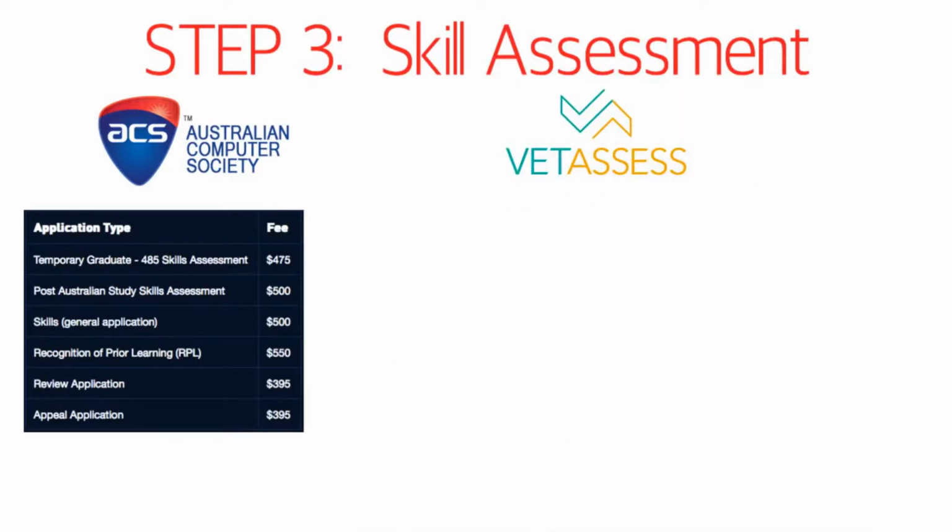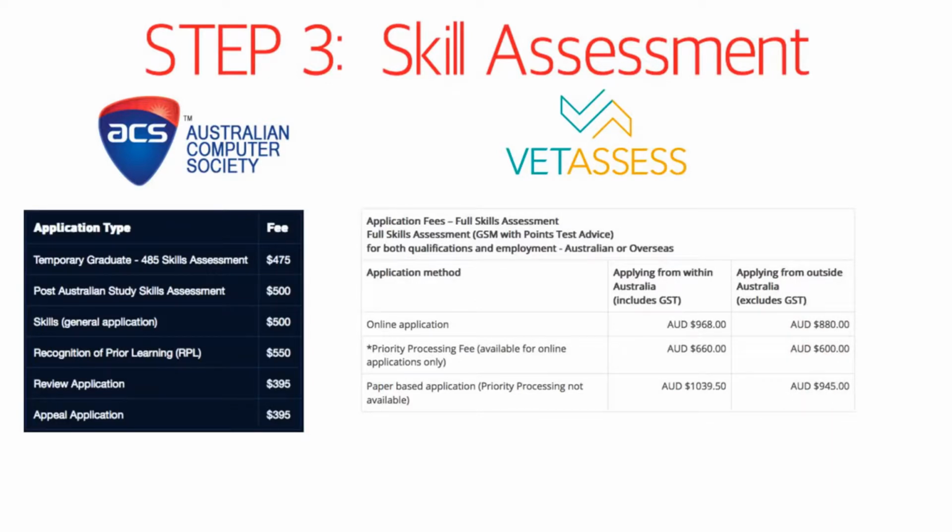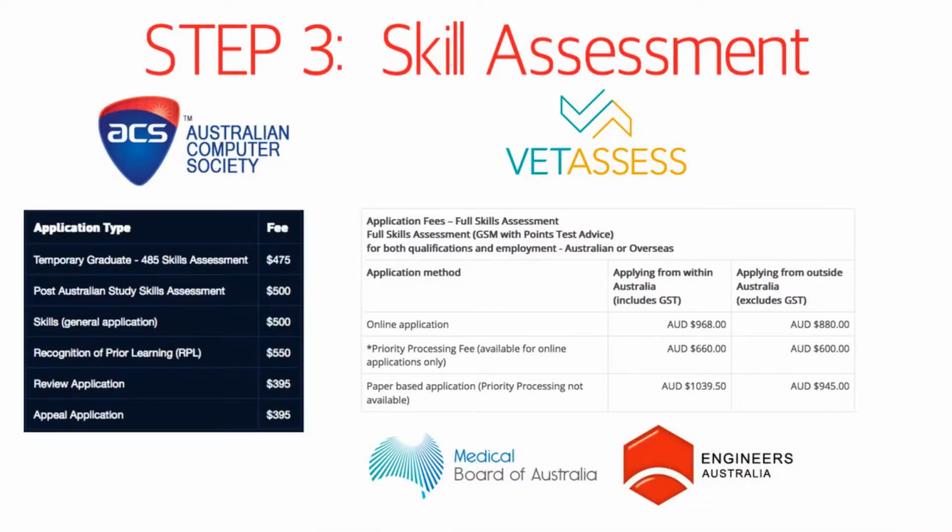For VETASSESS, it is around $1,000. This is the exact screenshot taken from their respective websites. Similarly, it ranges from $500 to $1,000 for the other skill assessment organizations as well, like the Medical Board of Australia, Engineers Australia, and the others. If you want, you can check which occupation you belong to, which is the respective skill assessment organization, check the exact amount for that, and calculate your cost accordingly.